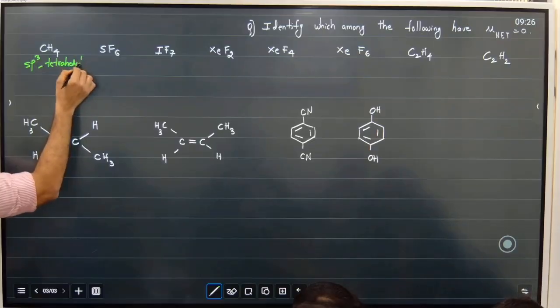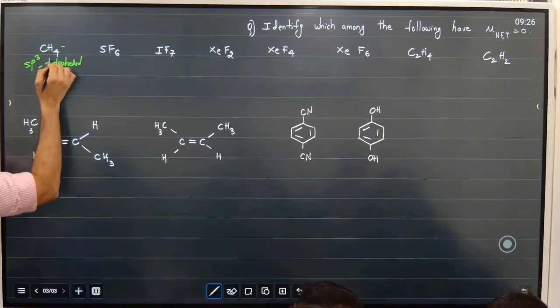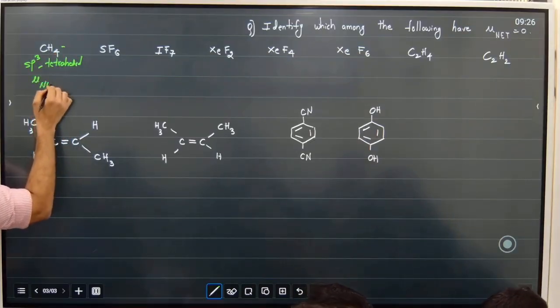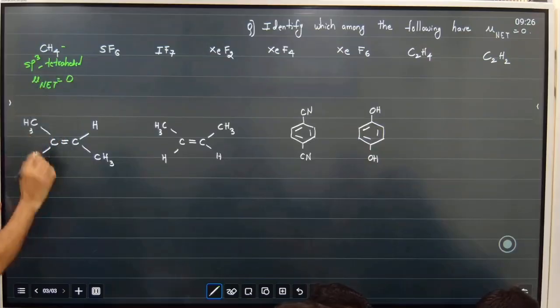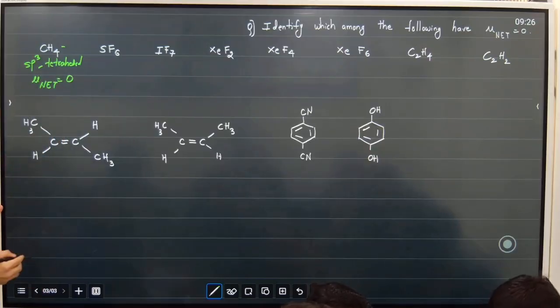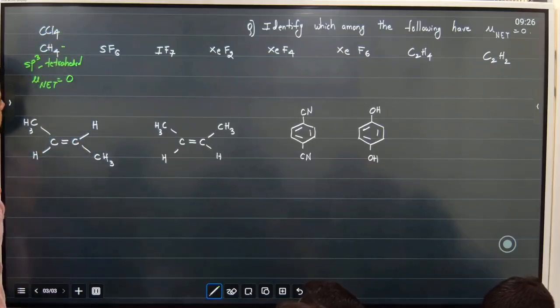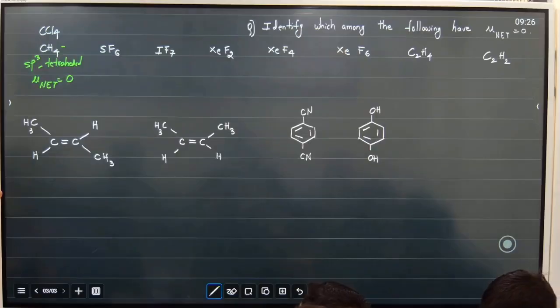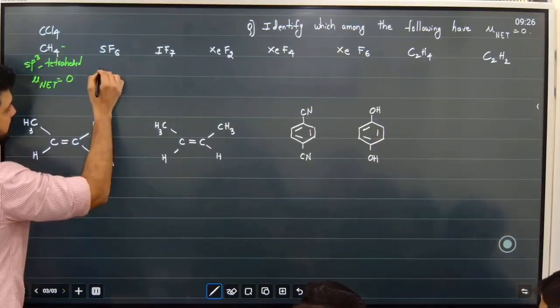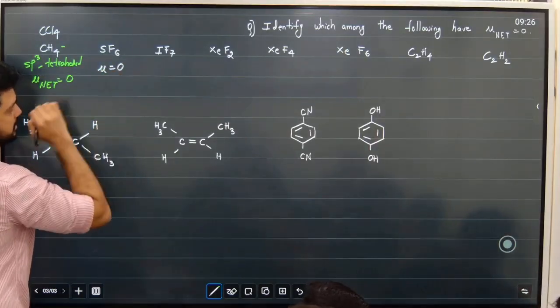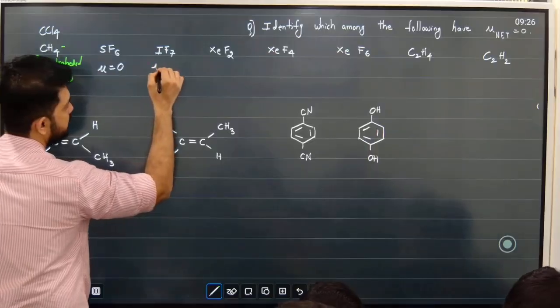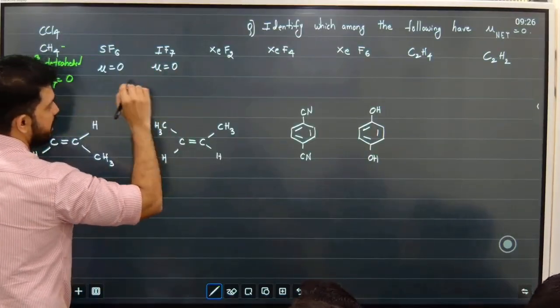The net dipole in CH4 is 0. Similarly, like CH4 you can also take CCl4 and even the net dipole in CCl4 is 0. SF6 people, net dipole is 0. IF7 also net dipole 0.